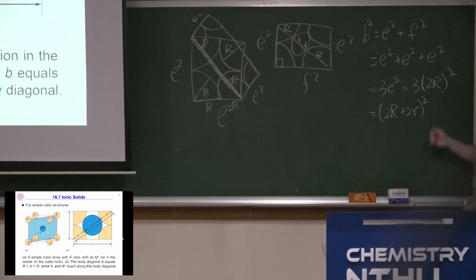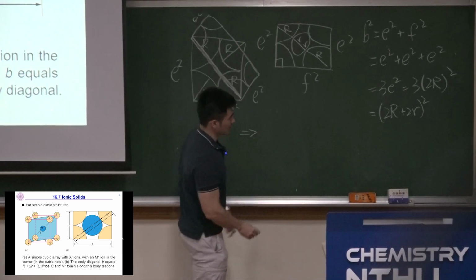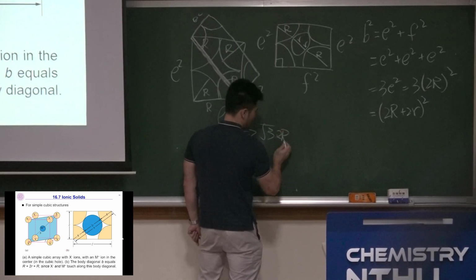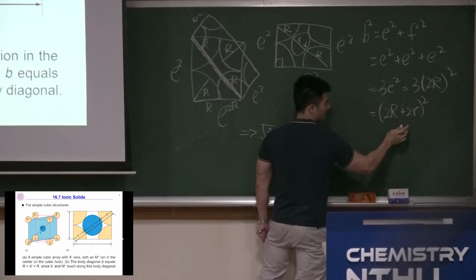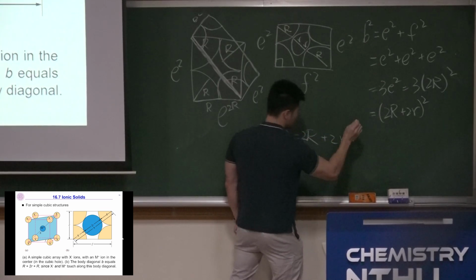Square root on both sides, so the square root of 3 multiplied by 2R will be the square root of this, and this is just 2R plus 2 small r.